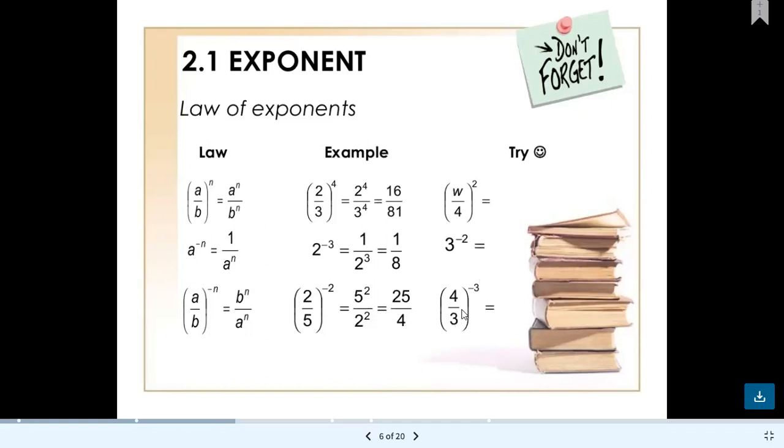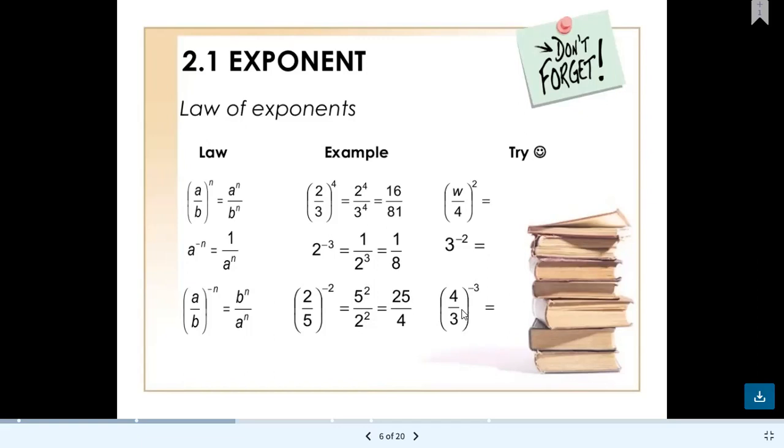So how about (4/3)^-3? 3 times 3 times 3, 27. 4 times 4, 16 times 4, 64. Okay, so correct si Micaela.